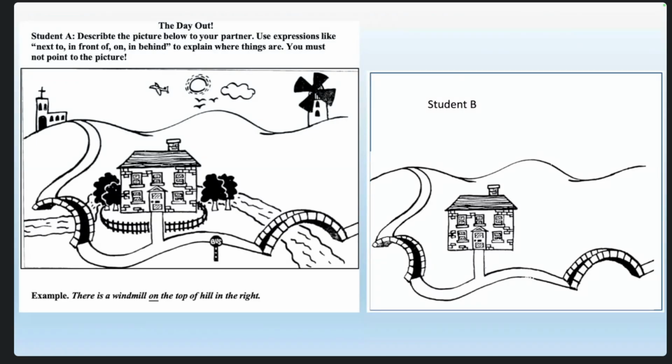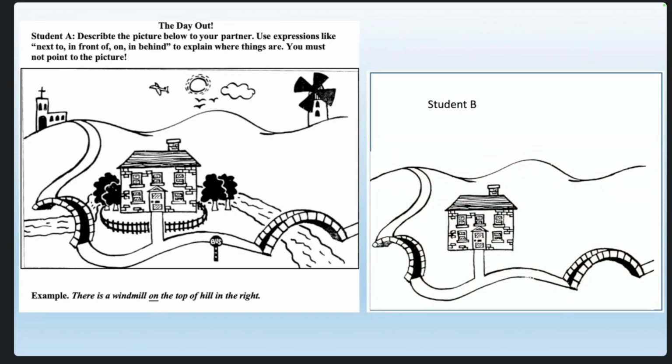So this is an example of a very basic activity, but even adults find this very interesting. You have here student A. The activity is called the day out, where somebody has gone on a walk through the countryside. Student A has one picture, student B has one picture.